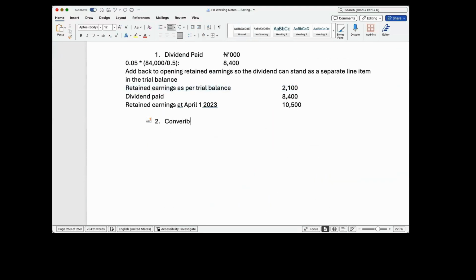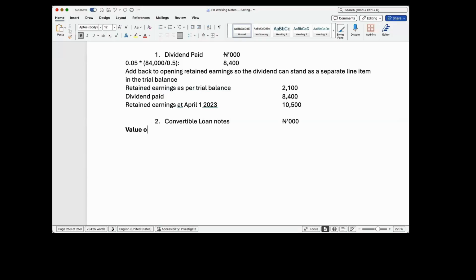Convertible loan notes. I always remember to put mine. This is sufficient. It covers all your working underneath it. So the first thing I will do is separate the loan notes into financial liability and equity instrument.